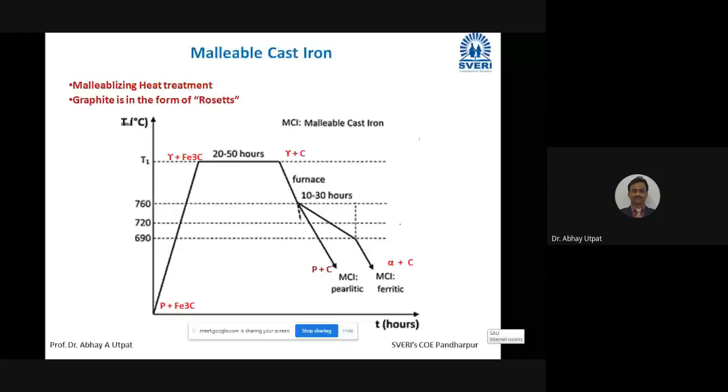So what is the basic composition of white cast iron? It is shown here, P plus Fe3C, that is pearlite plus Fe3C.